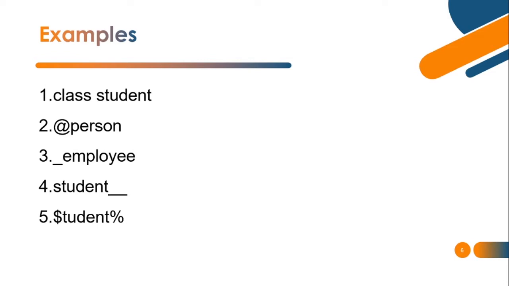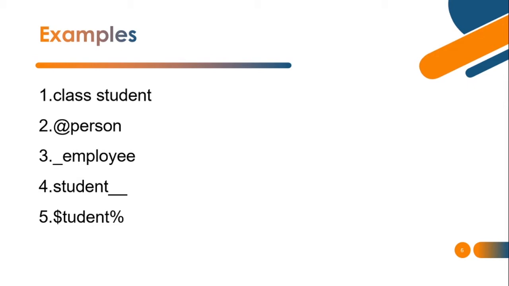The second one, nag-start siya sa special characters. Special characters are not allowed in identifiers. Also number 5, meron siyang mga special characters. So hindi siya allowed. So it is not a valid identifier. I hope you understand all the concepts about identifiers.